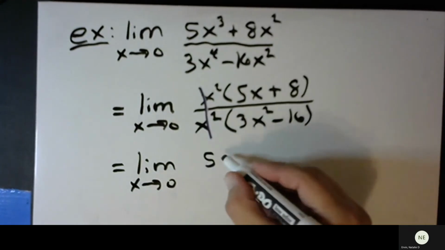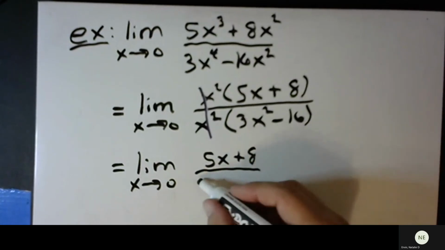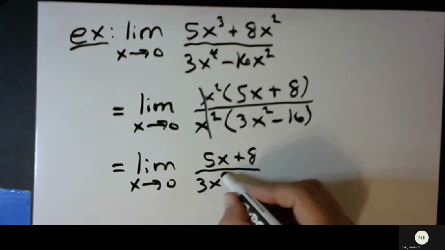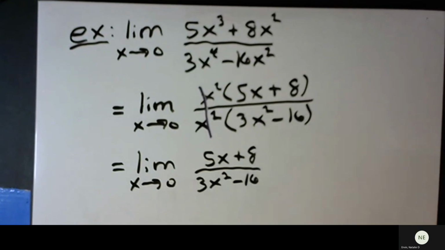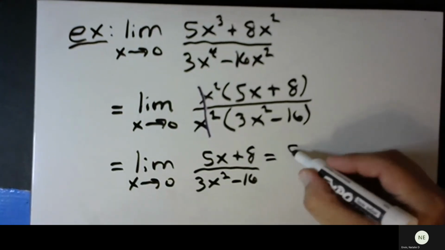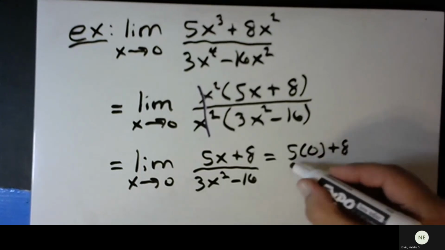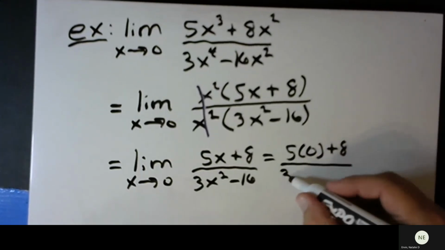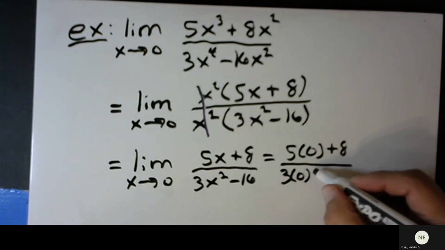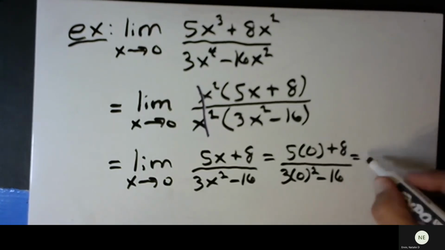And so now we have 5x plus 8 over 3x squared minus 16. Now if we substitute 0, we're not going to get 0 divided by 0. We'll get 5 times 0 plus 8 over 3 times 0 squared minus 16.